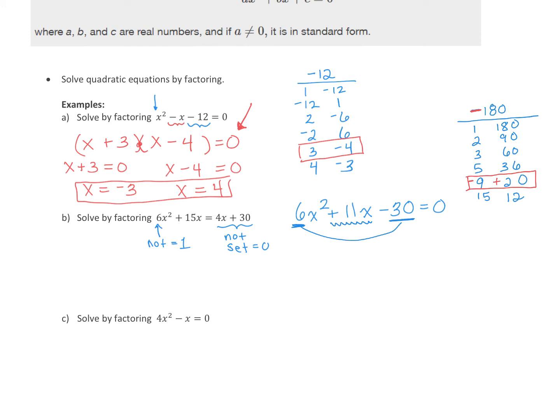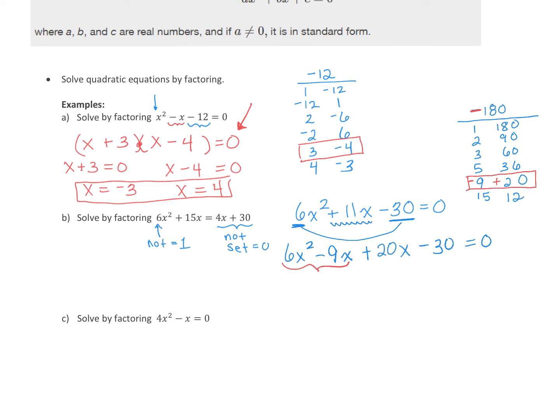So we're going to use those two numbers, and we're going to separate this. We're going to write it as 6x squared minus 9x plus 20x minus 30 equals 0. So all we've done is rewrite that 11x as minus 9x plus 20x. And then we're going to factor by grouping.